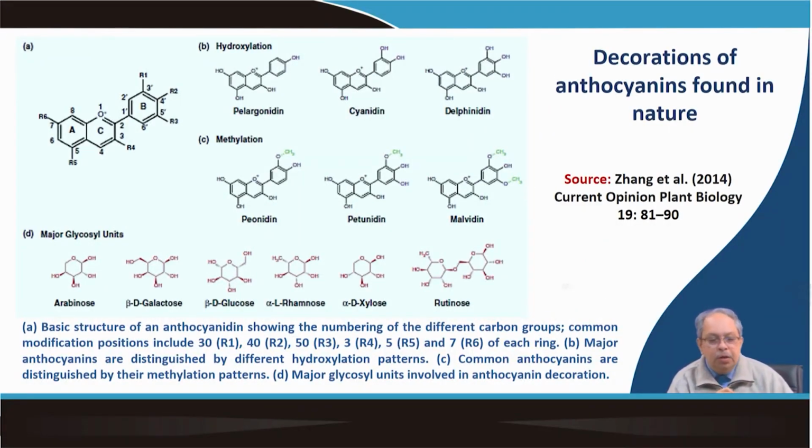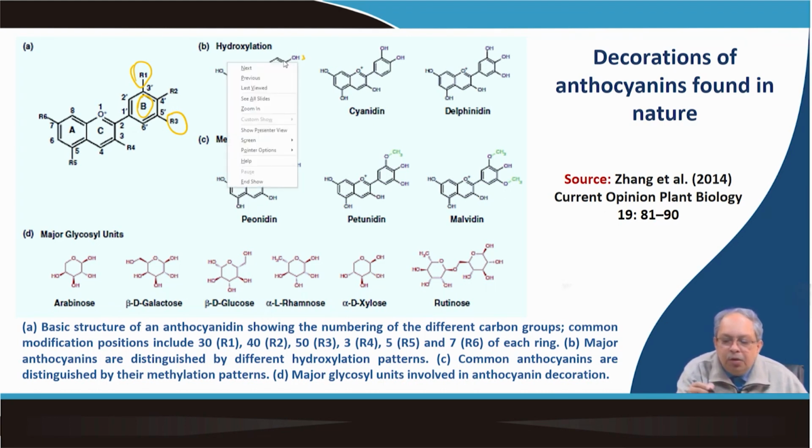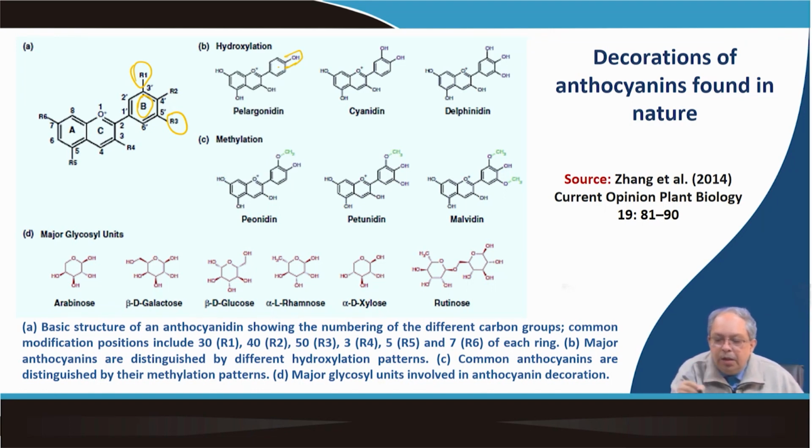Now, coming to the decoration. This is the B ring, which is important, because changes occur at these positions. The B ring comes from the phenylpropanoid group, and the A ring comes from the malonyl. What we see is hydroxylation: pelargonidin, then cyanidin with one more, and delphinidin with 2 more.